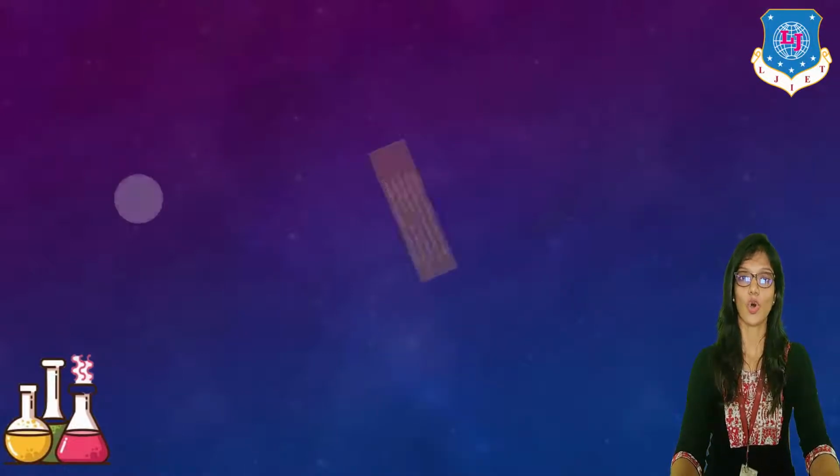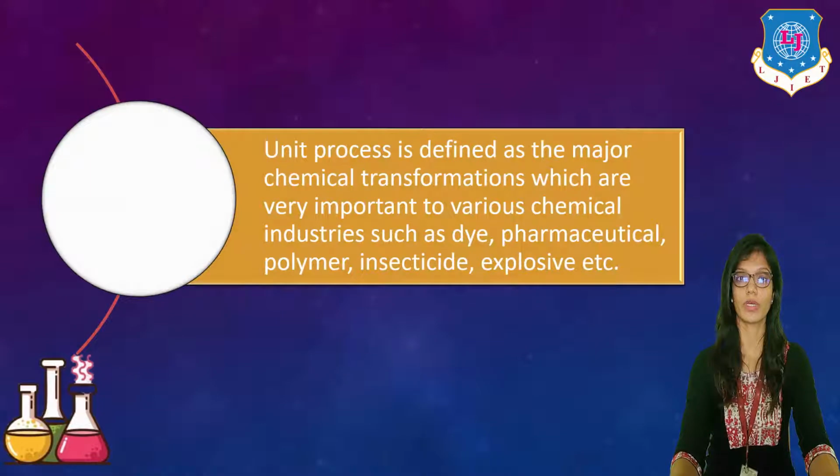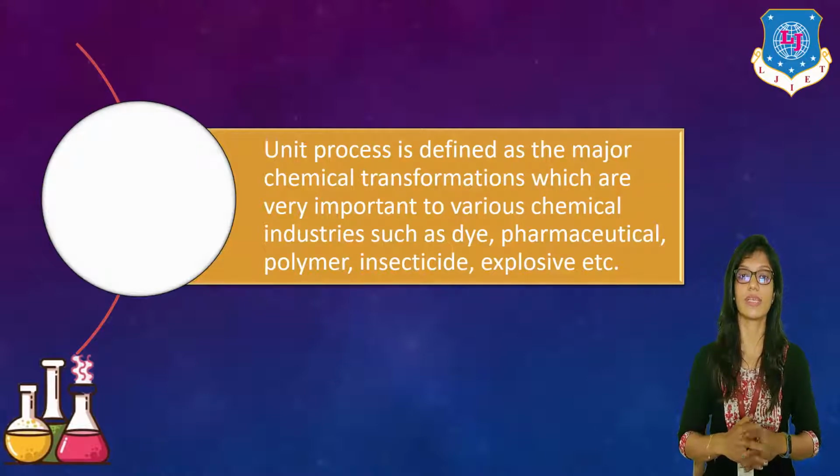Generally, these are different types of organic unit processes. Organic unit processes can be defined as the major chemical transformations which are very important to various chemical industries such as the dye, pharmaceutical, polymer, insecticide, as well as the explosive industry.